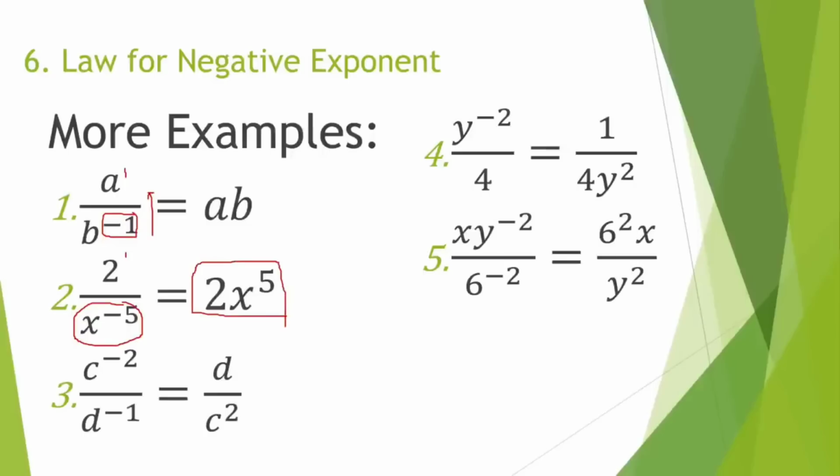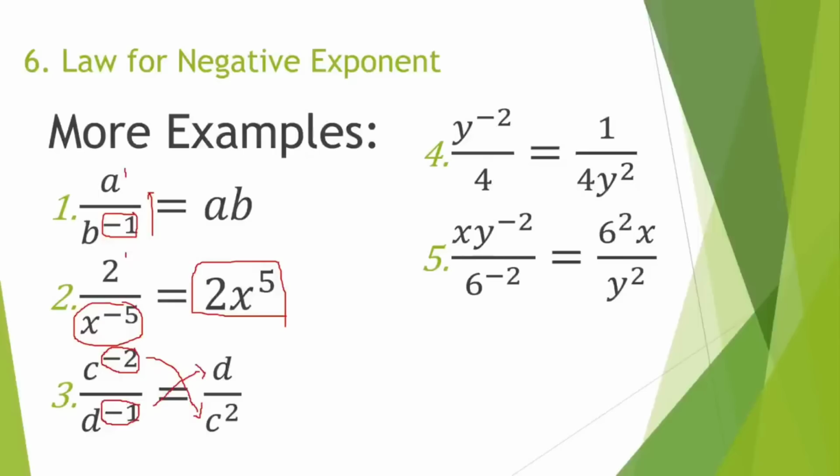For number 3, we have c raised to negative 2 and d raised to negative 1. So since this is negative, for it to be positive, it must move to the denominator. So we have c squared, and then the exponent of d is negative. So for it to be positive, it has to move to the numerator.